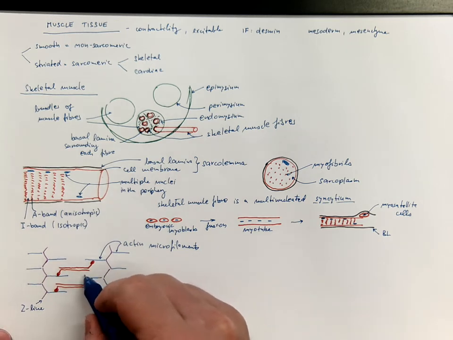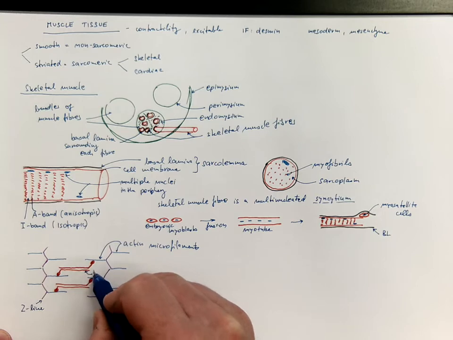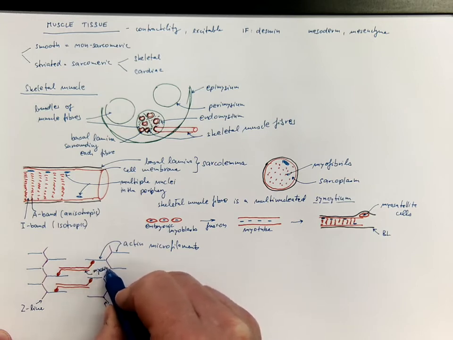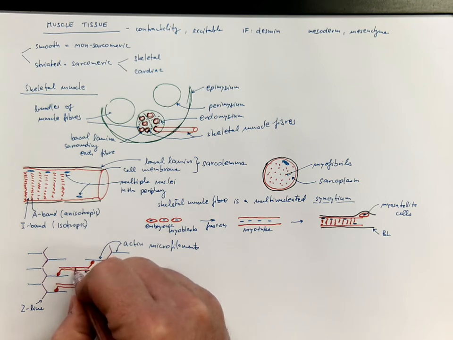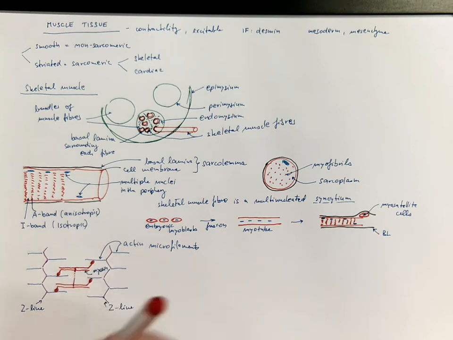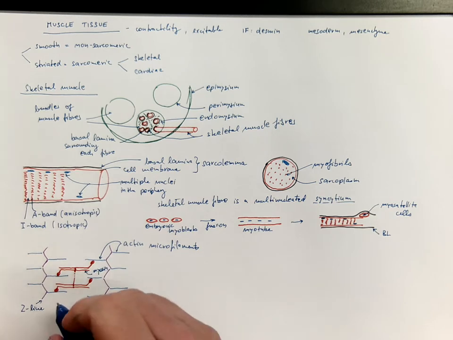So this is myosin. The myosin molecules are stabilized in the center with proteins called myomesin.